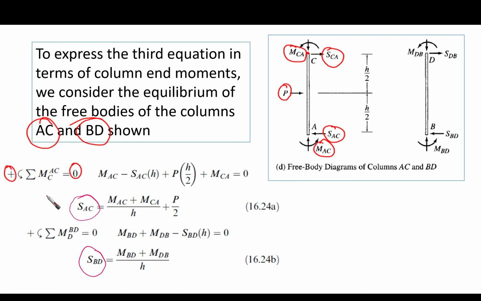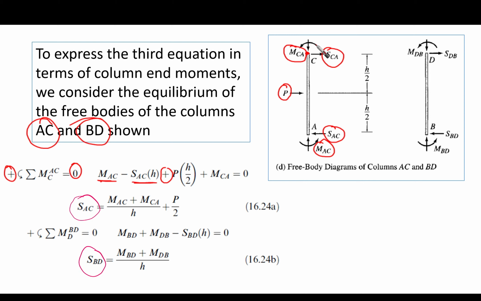Let's take the moment at C. We have a concentrated moment, MAC. It is counterclockwise, so MAC is positive. Minus SAC times H, plus P times H over 2, because it is counterclockwise, so it is positive.